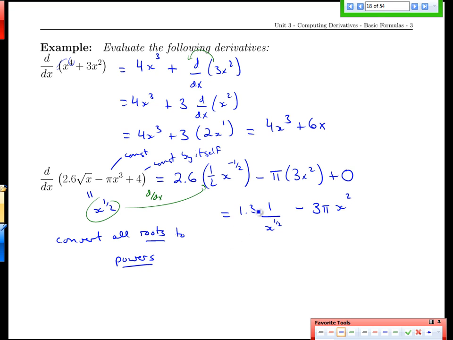And last but not least, we could write this x to the 1/2 as a root of x. So any of these versions are correct. All of these versions are correct. This one, sort of an intermediate phase. This is more easily read, I think, for most people, but they all represent the derivative of the original function.